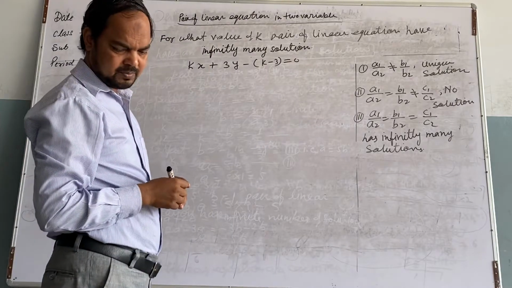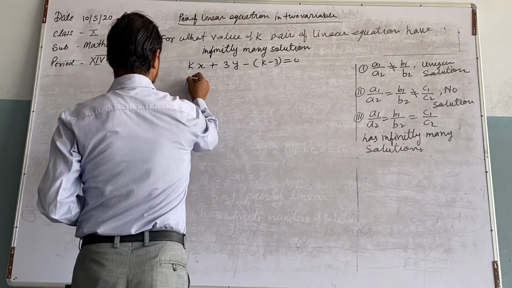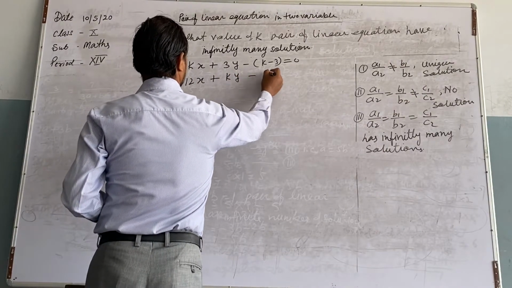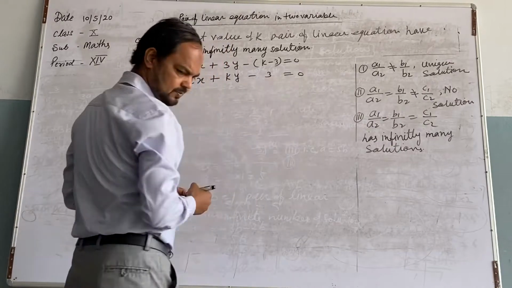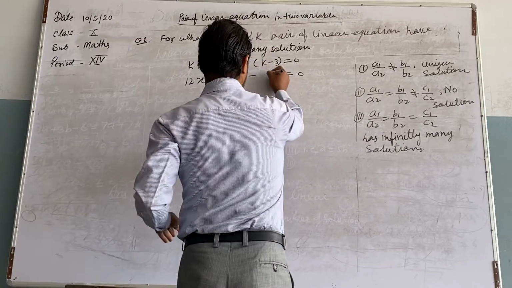Kx plus 3y minus k minus 3 equal to 0. 12x plus ky minus 3 equal to 0. No, it is minus k.